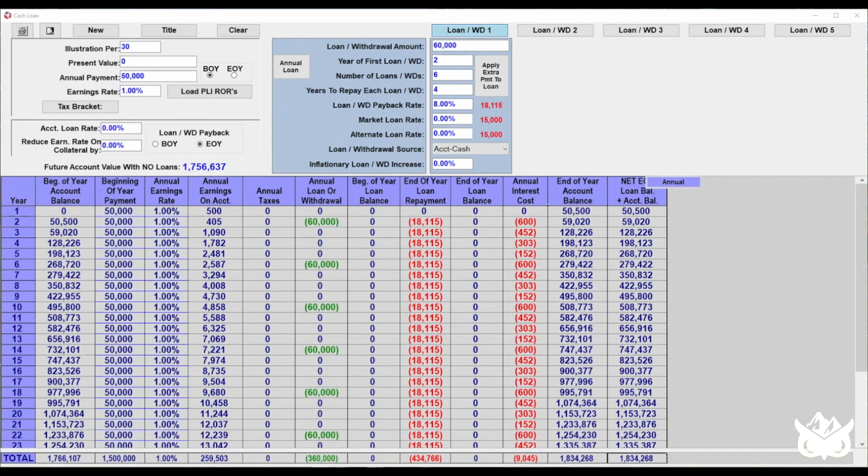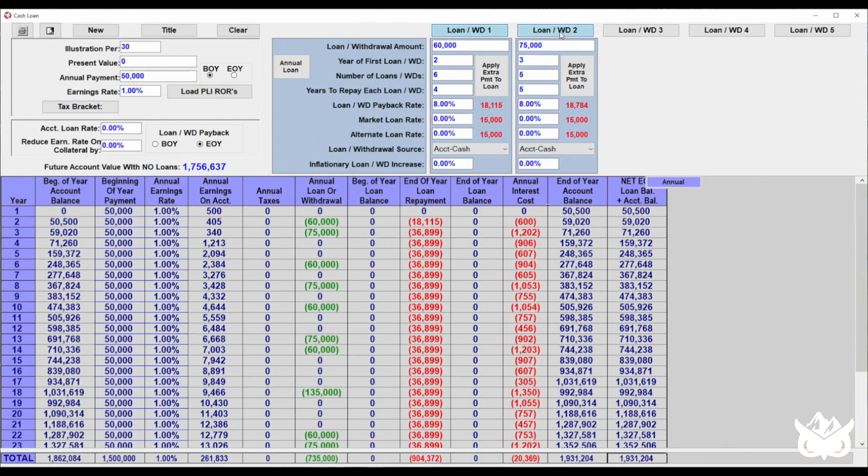So with that, we can take a look at adding another loan, because it's not just one loan that's going to happen over your lifetime. It's going to be multiple loans. So now we're adding $75,000. We'll do that in year 3. We'll do 5 of these loans over our lifetime, and who knows what they're for, right? You can make up anything you want on them.